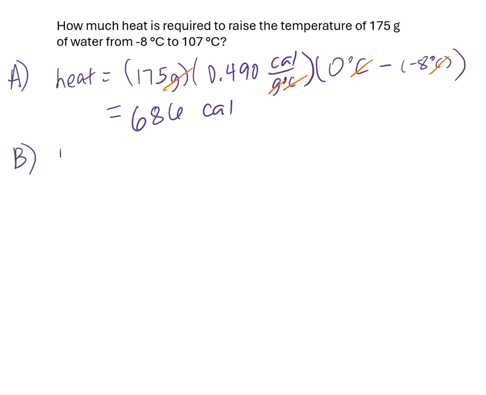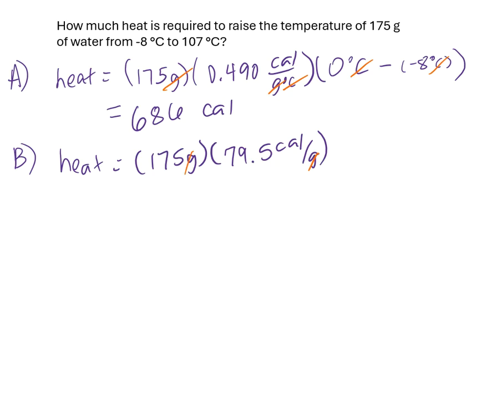So remember with this equation for our heat, it was our mass, 175 grams. But now we have to multiply that by the heat of fusion in order for the solid to be converted to liquid. The heat of fusion for water is 79.5 calories per gram. So we're now just multiplying that mass, the 175 times the 79.5.